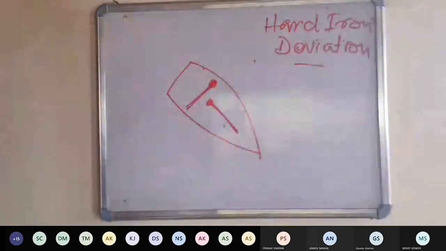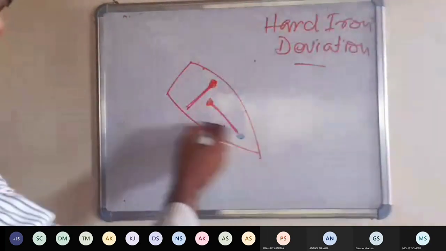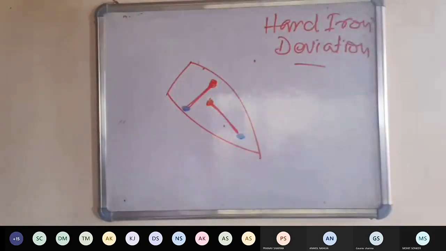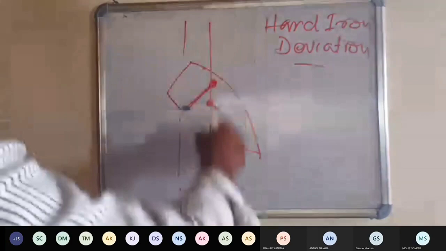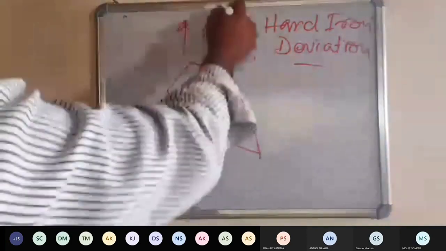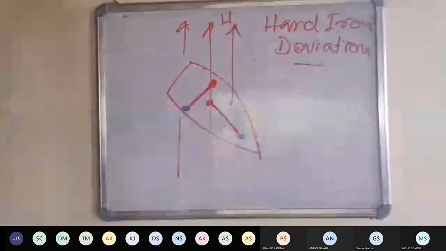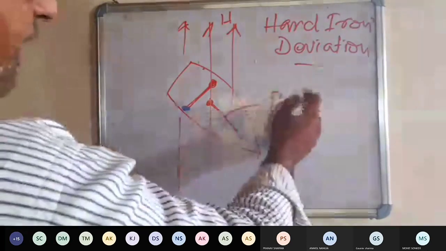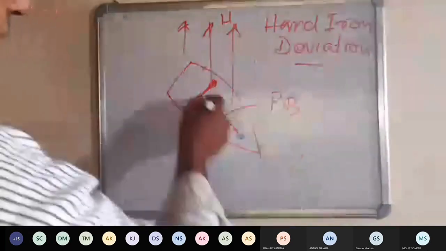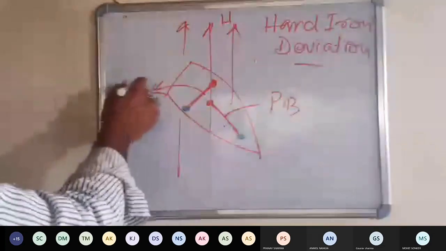Is that correct? Yes, sir. Intermediate magnetism is being developed because the lines of force are like this. H is like this, so both of them are acquiring some bit of magnetism. This is responsible for PB and this is responsible for PC.